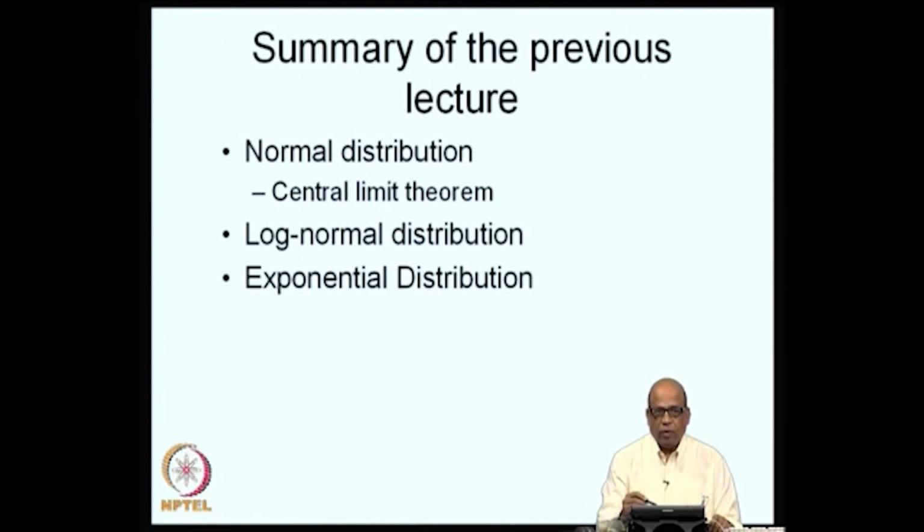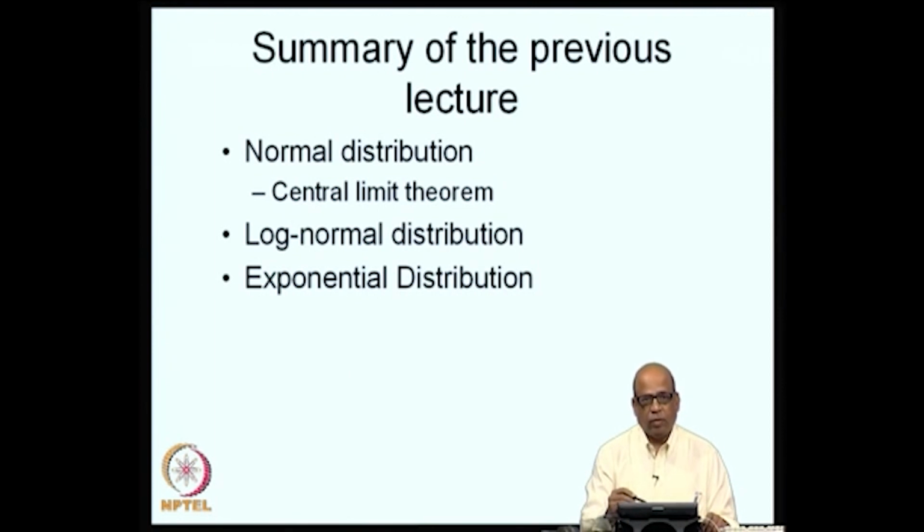The second limitation of normal distribution for application to hydrologic processes is its symmetry itself. Normal distribution, if you recall, is a perfectly symmetrical distribution. It is symmetrical about x is equal to mu, but most of the hydrologic processes follow skewed distributions.